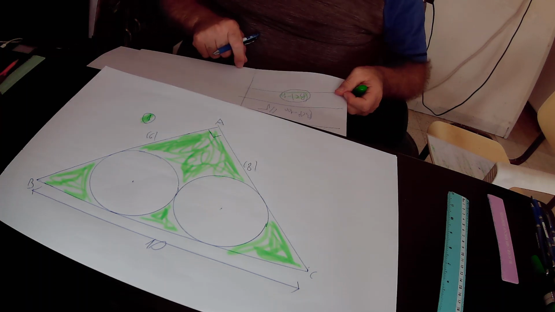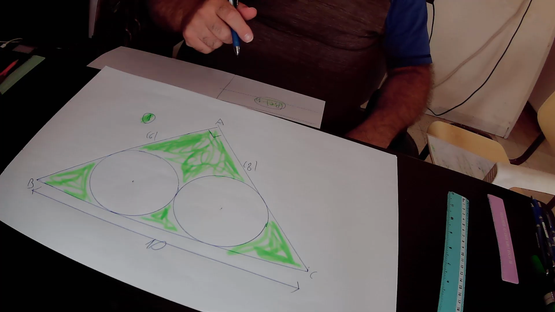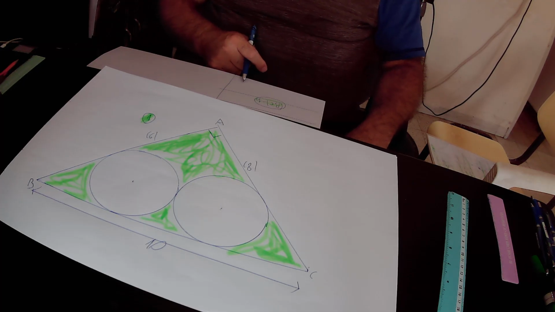In the next step, we'll find the area of this triangle ABC in a different way.